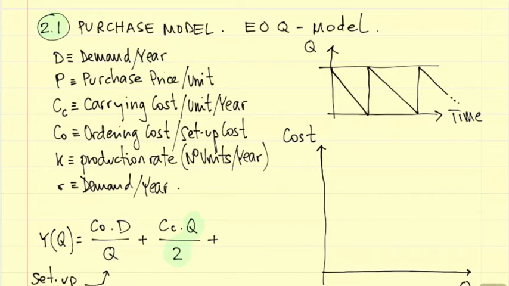Plus some constant, okay, C times D, which we are not going to represent. Production costs and so on, this constant we will not represent. So we have two curves, as a function of Q, one the setup and one the carrying cost.